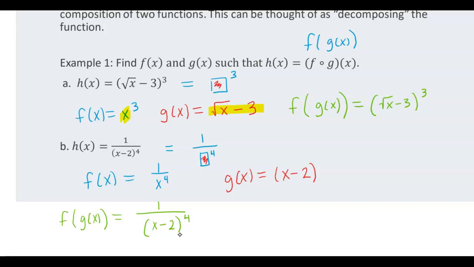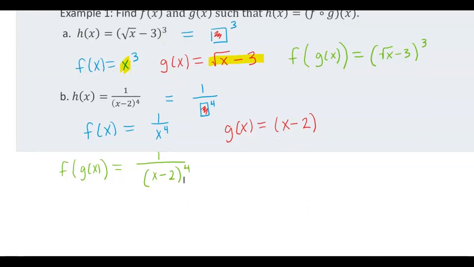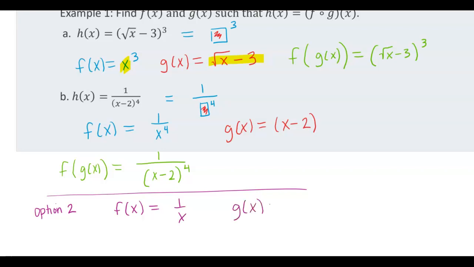We actually have a different way that we could do this same problem. There's another way that we can consider this. Let's do option 2. Maybe we could instead say that the first function is just 1 over x, and the second function is x minus 2 to the fourth.